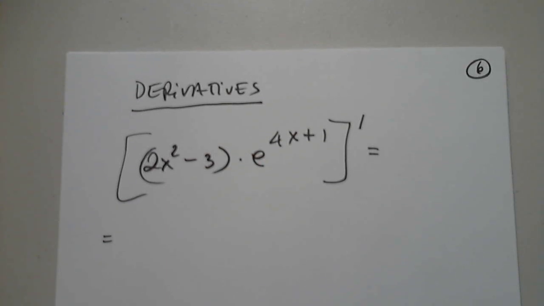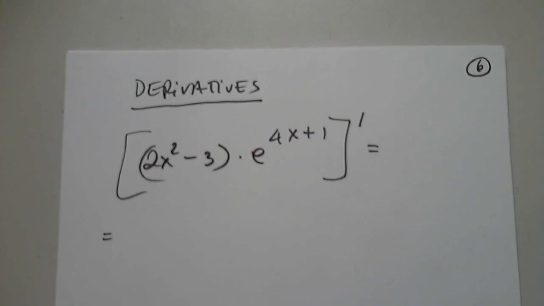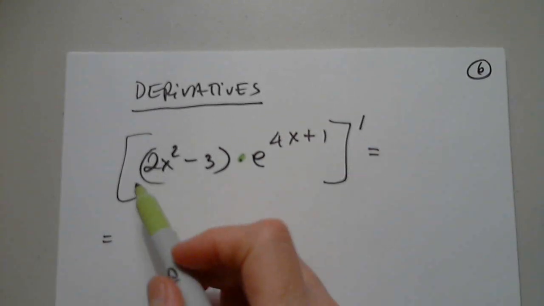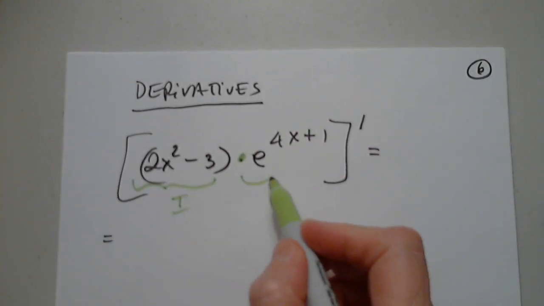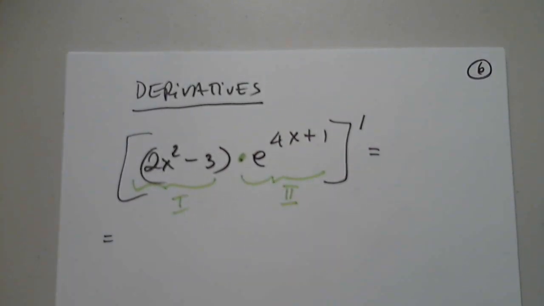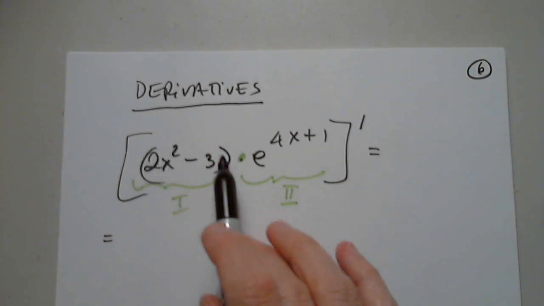Product? Yes, thank you so much. Of course, it's a product. So this is function 1, and this is function 2. Good. Can anyone guide us through? What is the derivative of the first one?